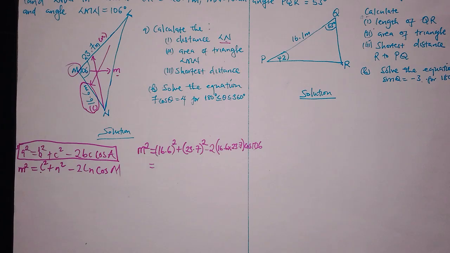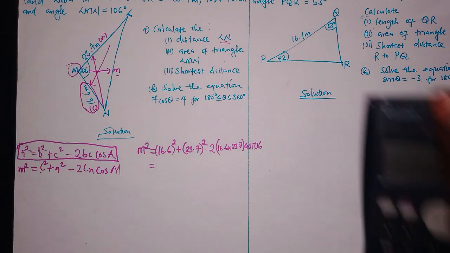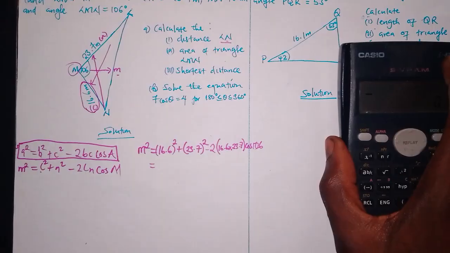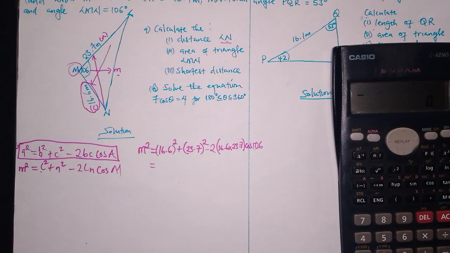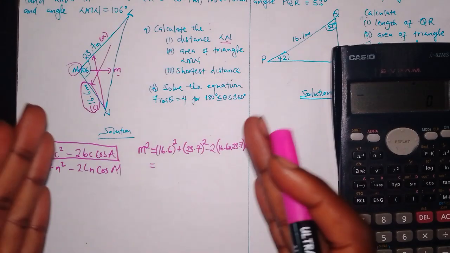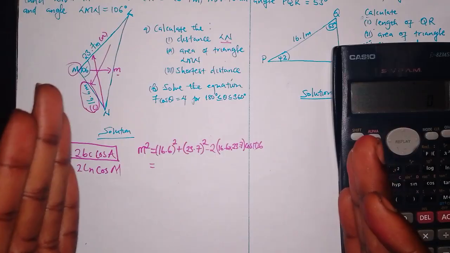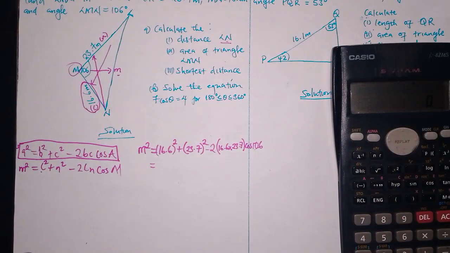And one more thing, when you are punching on the calculator, you can also make a mistake. You can find that you know the question, but you make a mistake on calculating. So I'll show you today how you can also calculate effectively or punch well on your calculator, as others may say. So the first thing is you square these numbers.